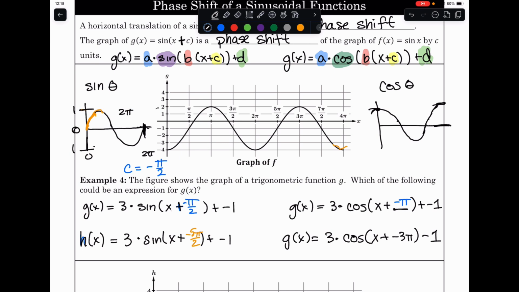Now, I did mention, well, what happens if I use these 2 points? If I use this point over here for sine, and I look at the cycle of sine at this point in the midline and decide to go down and reach the minimum before I go up and reach the maximum, and then stop at the midline again and look at one cycle of sine like this, I can still shift it and get to this value of plus negative 3 pi over 2 and do that shift.